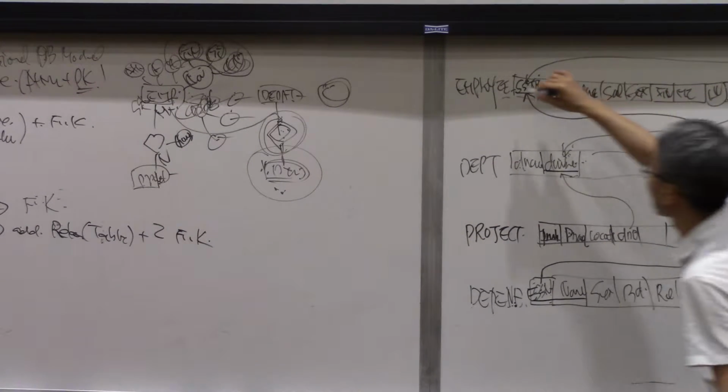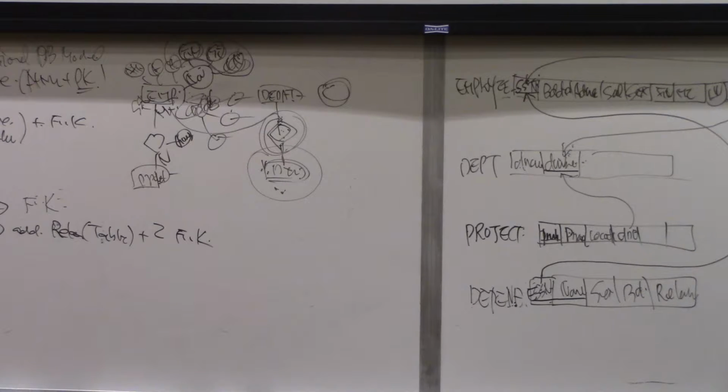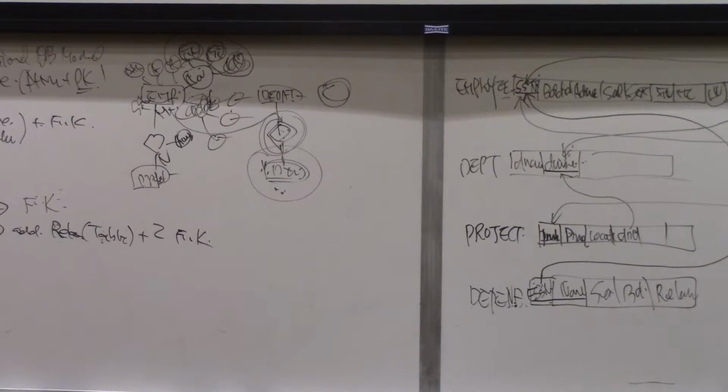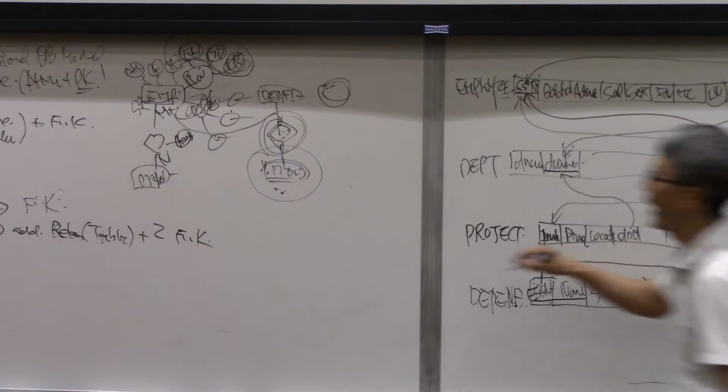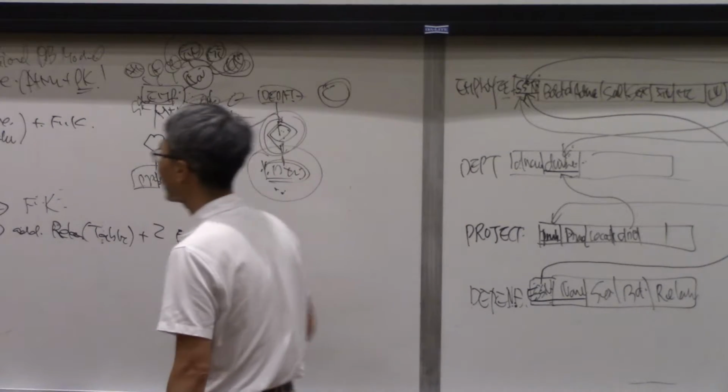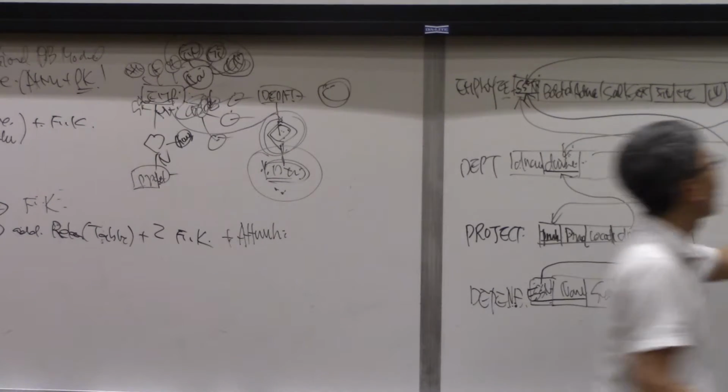Combination of employee and project. That is ESSN plus P number. Okay, then composite primary key. Then ESSN should be in the employee, and P number should be in the project number. Plus any attribute of the relationship will be a column of this one, hours.